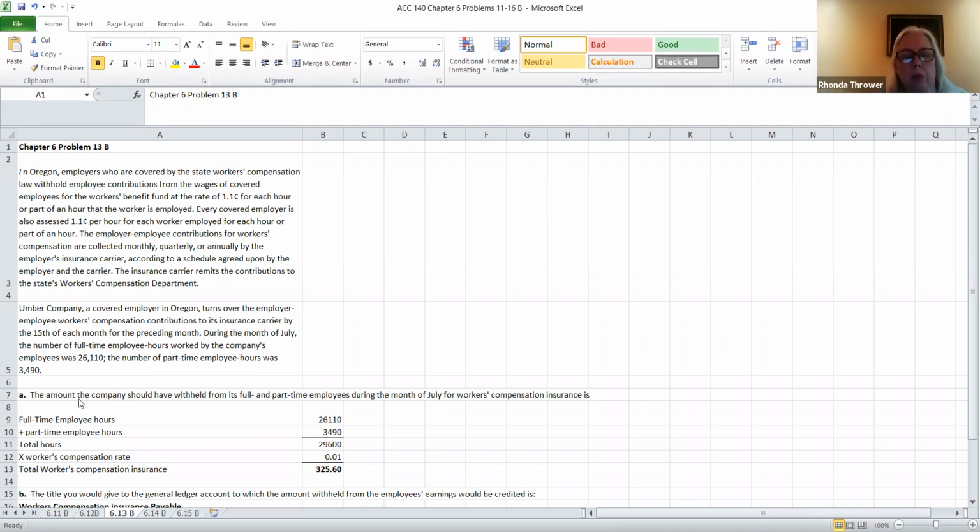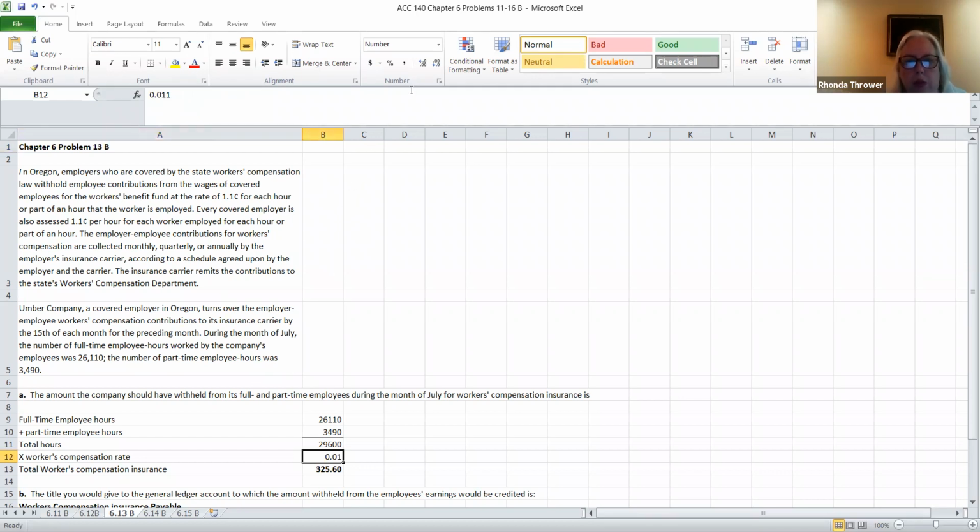The amount that they want to record would depend on the full-time employee hours, which was given at 26,110. We're going to add the part-time employee hours of 3,490 to that to get total hours. And then we're going to multiply these total hours by the workers' compensation rate, which is 0.01, and that actually should be 0.011.